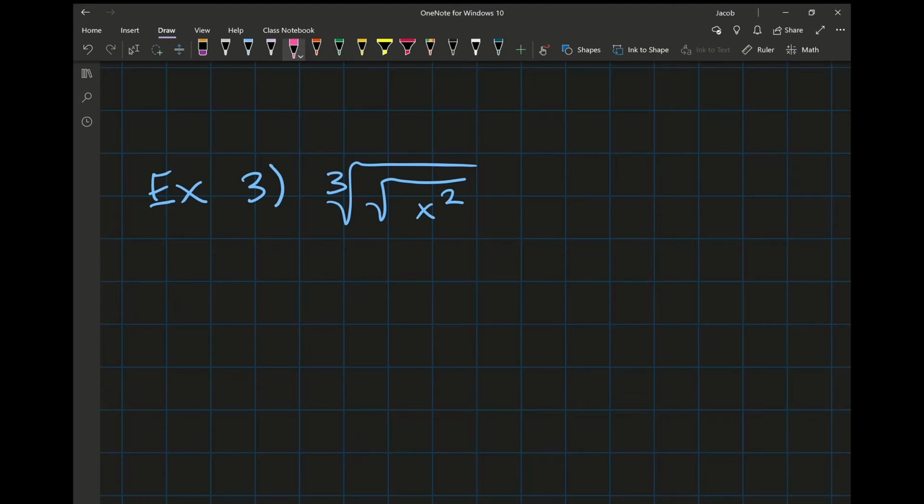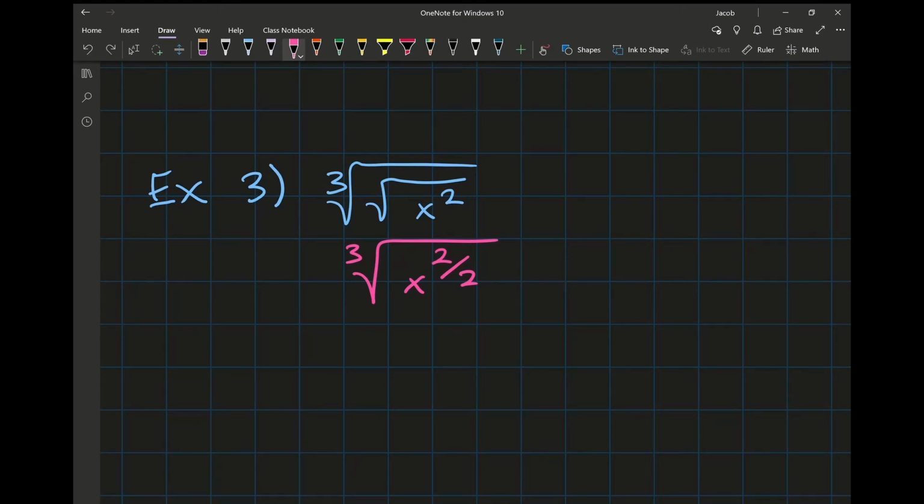So I see that my x has a radical, my x squared has a radical around that, so I'm going to change that to x to the second power divided by 2, because I know there's really a hidden 2 where that square root index should be. Remember, this little number that's supposed to be there is called an index.